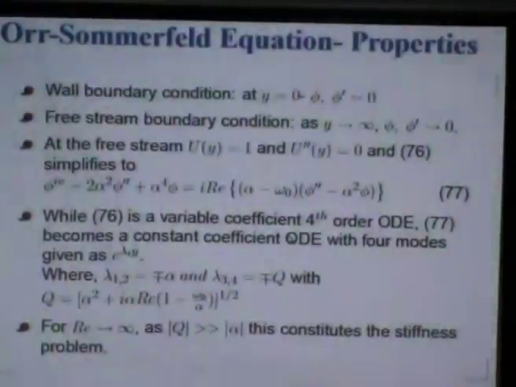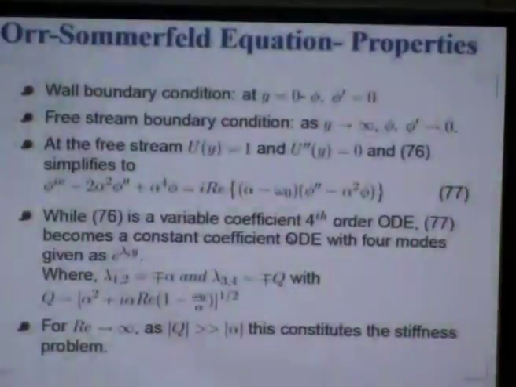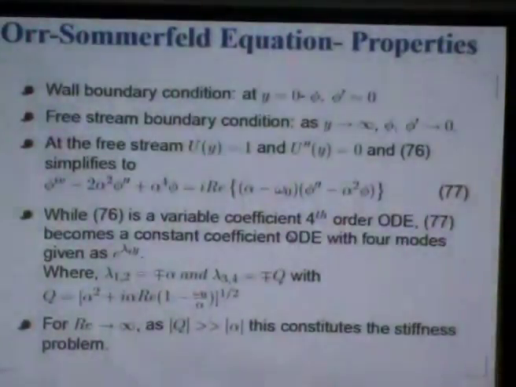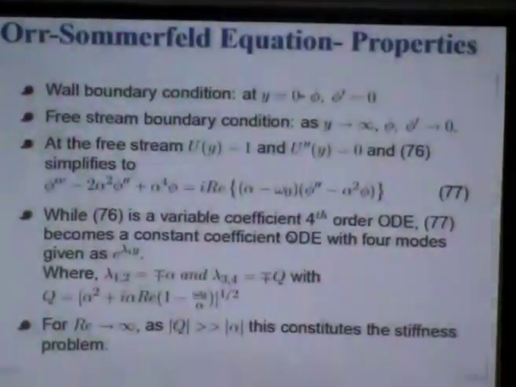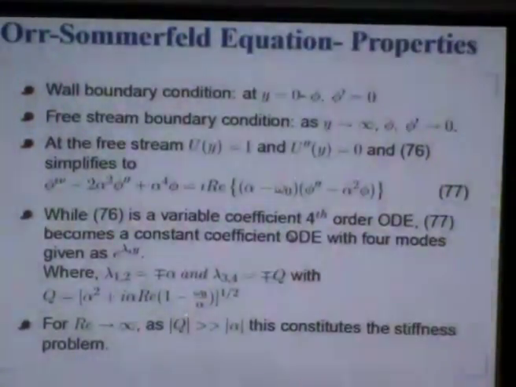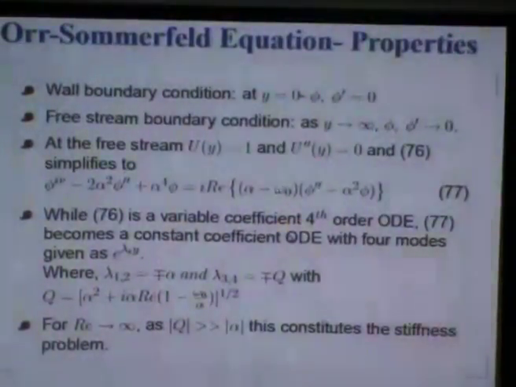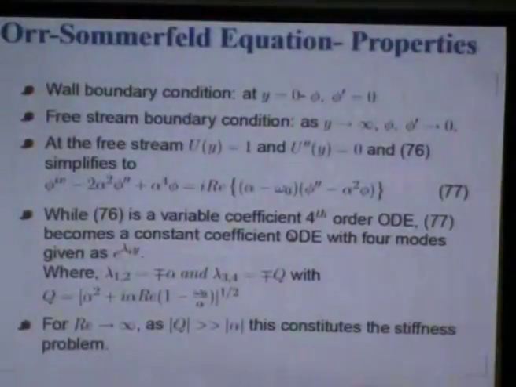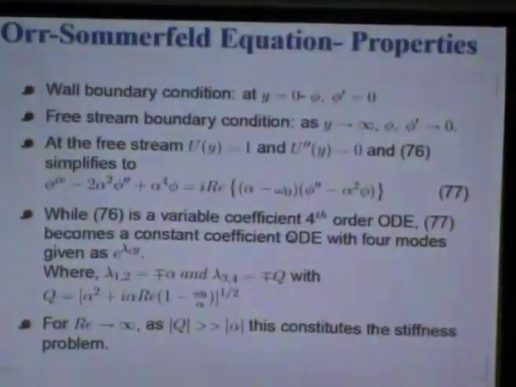Now, what happens is, suppose alpha is a complex quantity and if its real part is positive, then what happens? One of the modes is growing with y, and that violates the principle. We said that if we go far away, it should decay to 0. So, if the real part of alpha is positive, then of course, lambda 2 is not admissible.